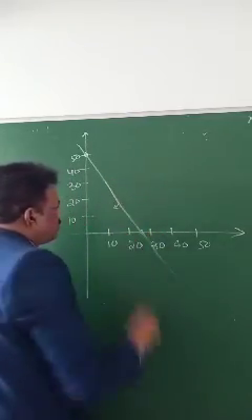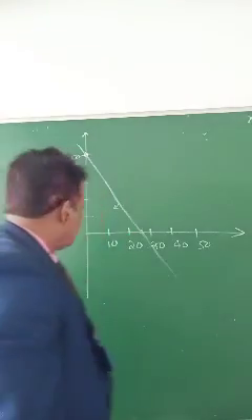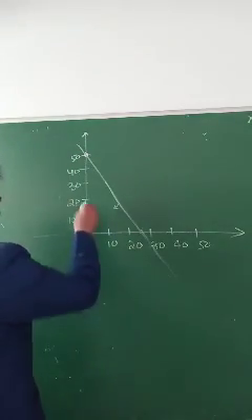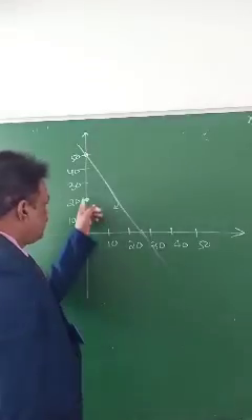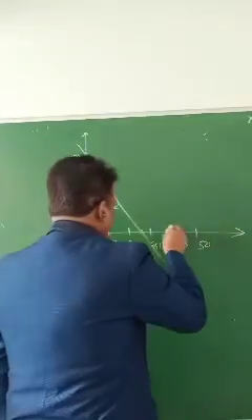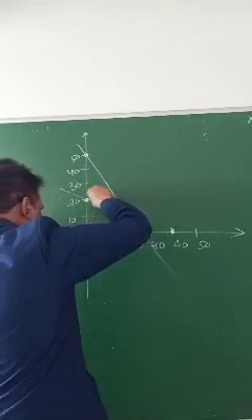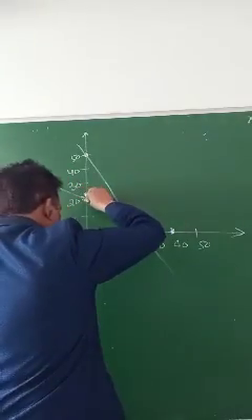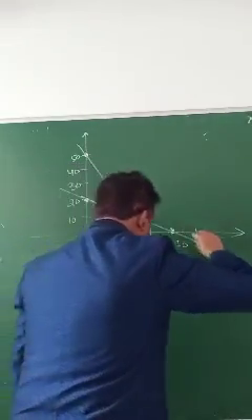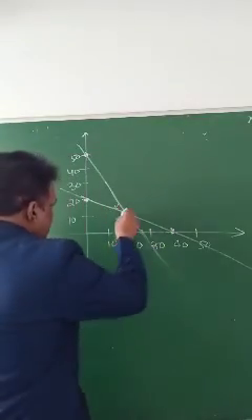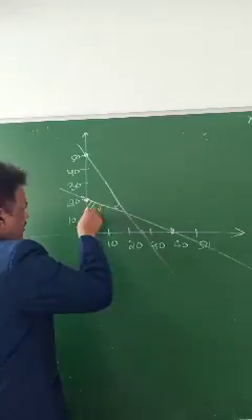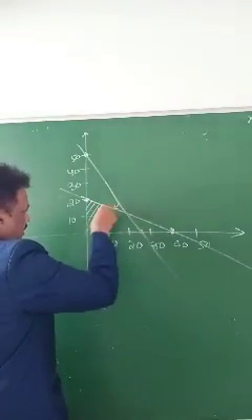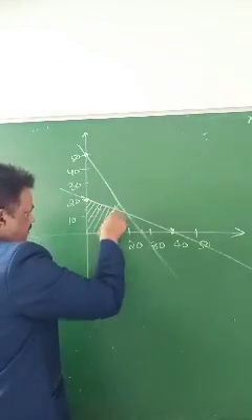Remember its area is towards the origin. The other line passes through 0, 20 and 40, 0. This is also towards the origin. That means our shaded part is this one. Look at it very nicely. This is the feasible region.